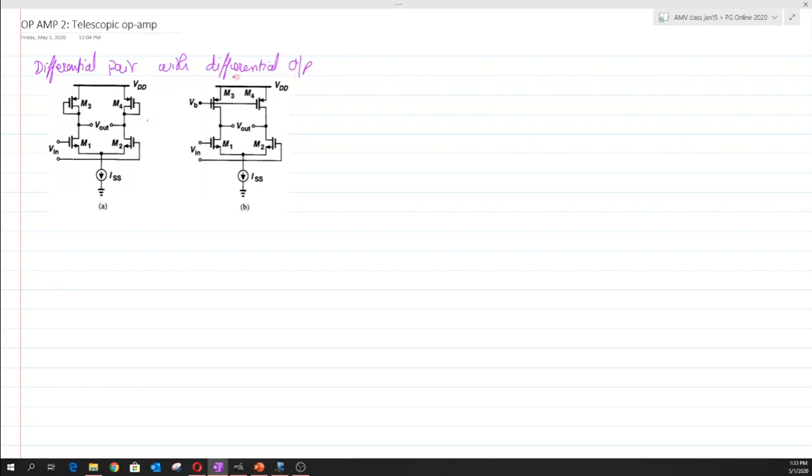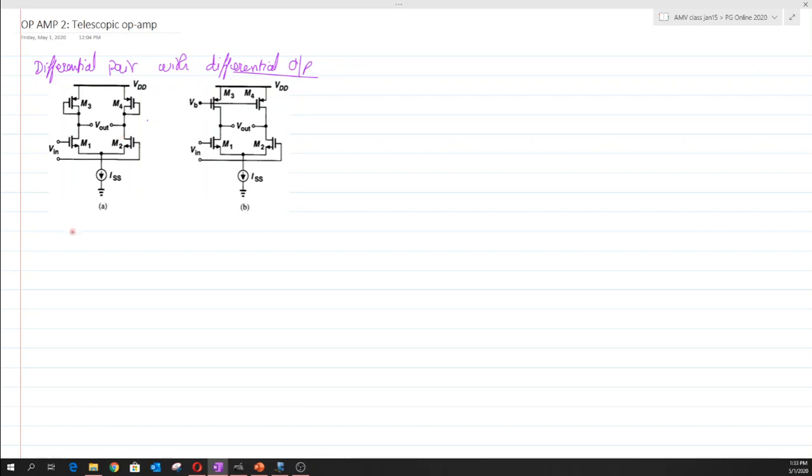The reason why it is labeled as a differential output is that you can see that the outputs are taken differentially. That is the literal meaning of it. Let us first focus on the gain of both the circuits A and B, as well as the second parameter, which is going to be the output swing.